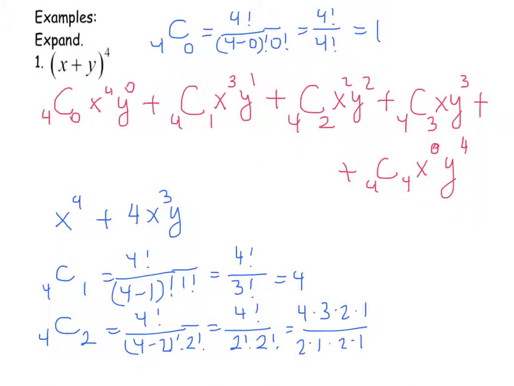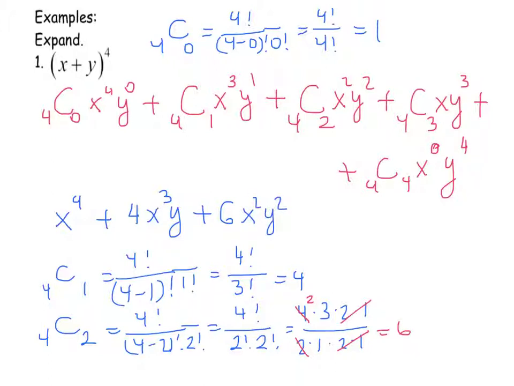So if I simplify, the 2 times 1 goes away, and I can simplify by 2. So my final answer here is going to be 6. So this will be plus 6 times x to the second, y to the second.